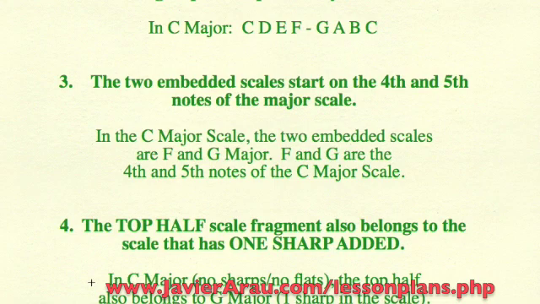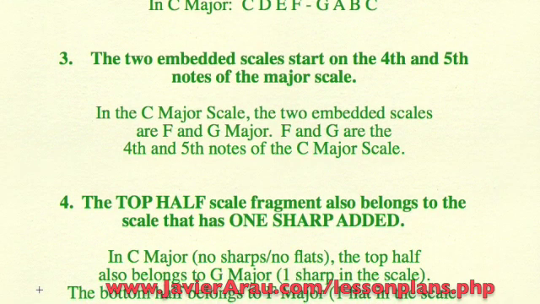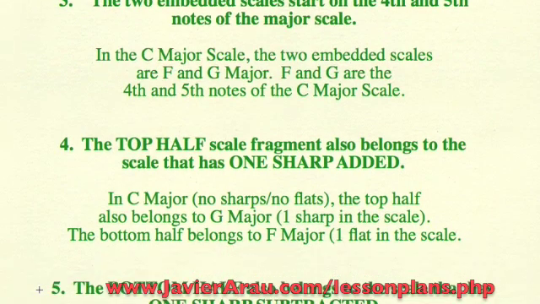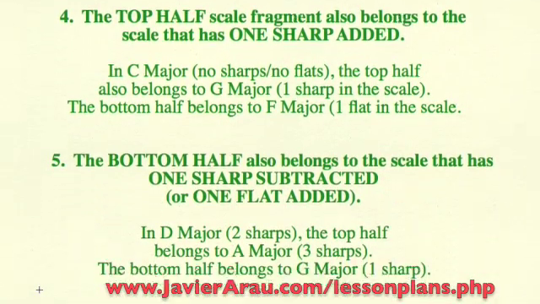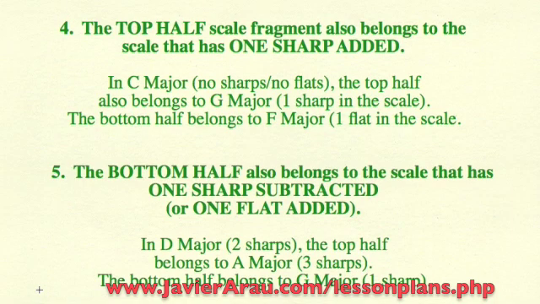Number 4, the top half scale fragment also belongs to the scale that has 1 sharp added. I didn't really talk about this a lot. I think this is something that you'll observe the more you think about this concept. So if you want to stop here and just go with what I've given you, that's fine. If you're feeling like you're not on overload yet, this really helps also with major scales.